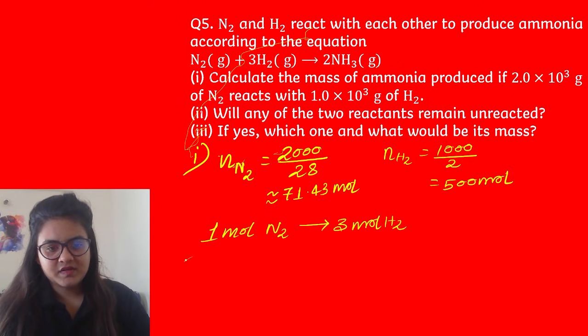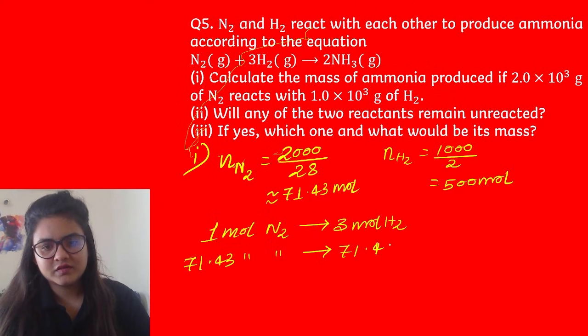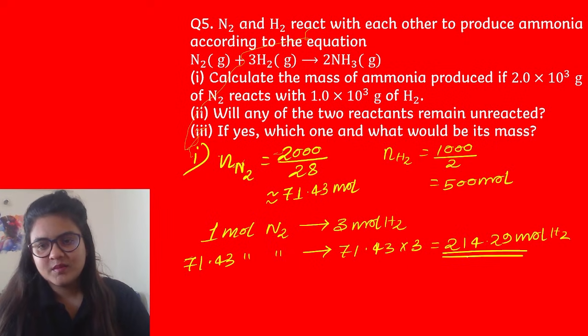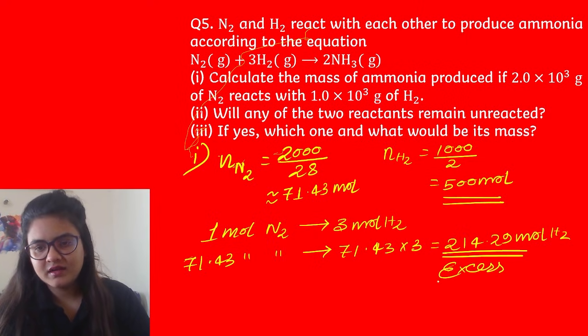Hence, if I have 71.43 mole of nitrogen, then it will definitely react with 71.43 into 3, that is 214.29 mole of hydrogen. But given is 500 mole, so definitely this is going to be the excess. If this is the excess, then nitrogen is limiting.